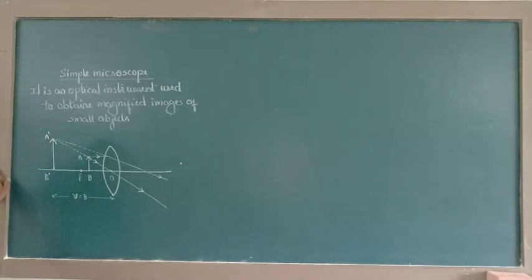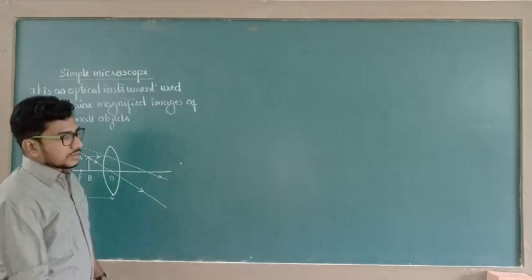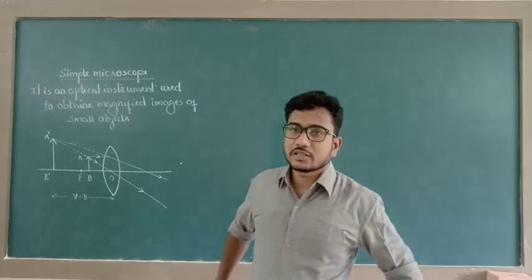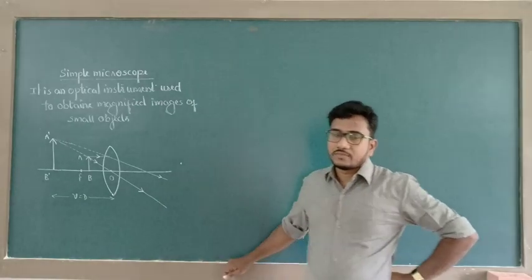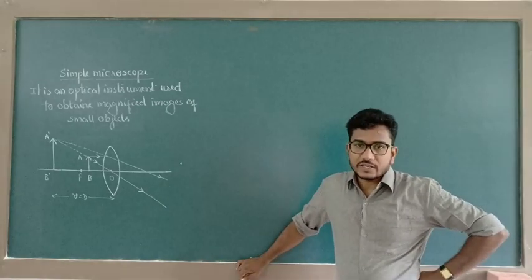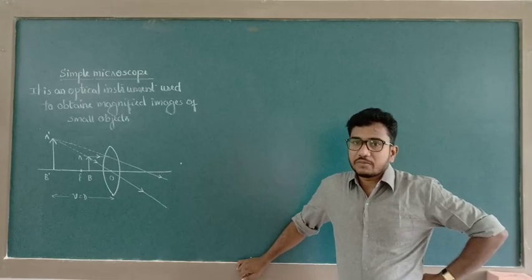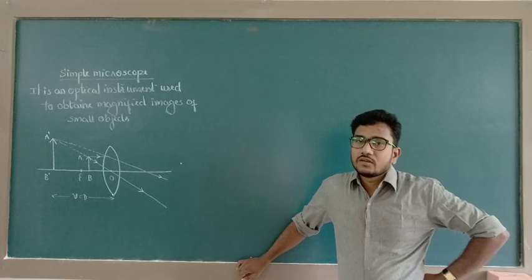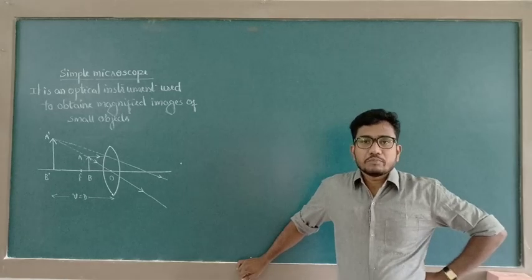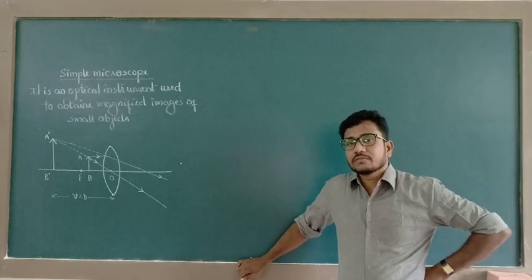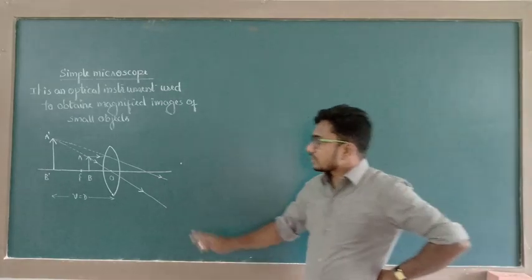Okay, see here. In your examination, they are going to ask you to mention the expression for magnification, or angular magnification, or magnifying power of a simple microscope. Then how do we write this magnifying power? You just view this diagram.